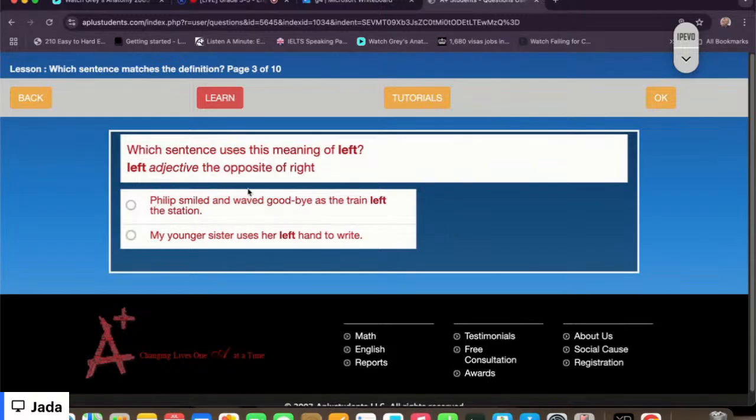So left, adjective, the opposite of right. Philip smiled and waved goodbye as the train left the station, or my sister uses her left hand to write.